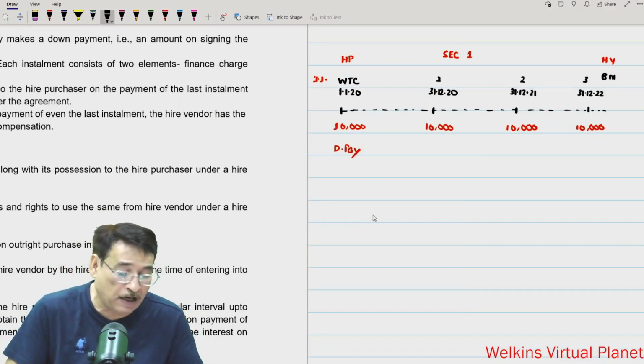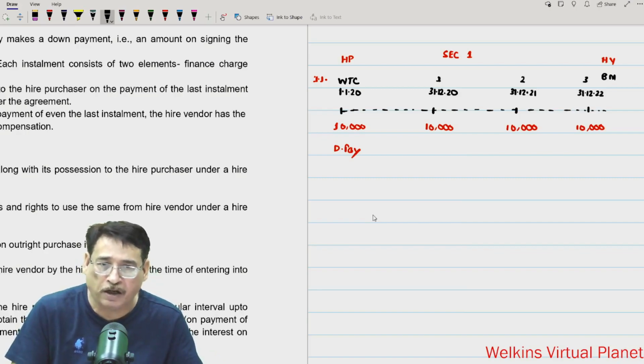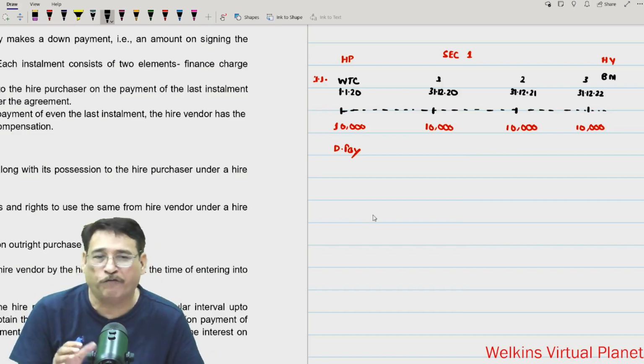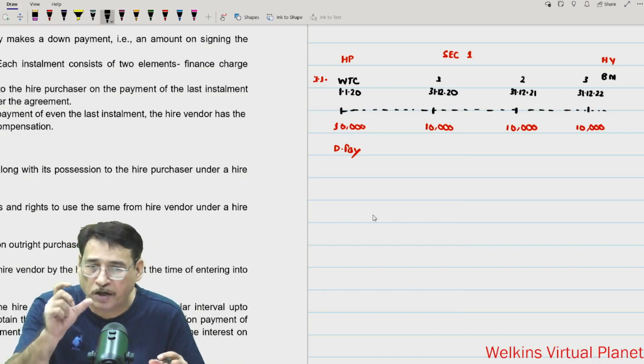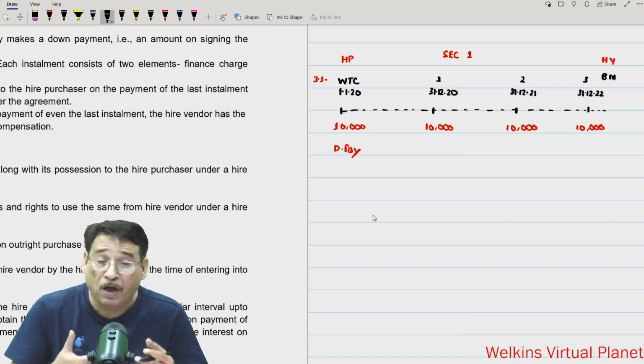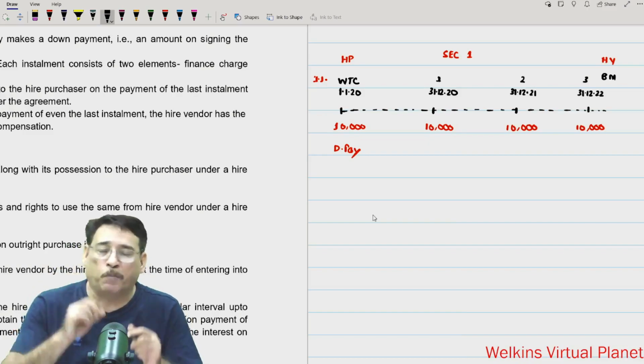Now we will analyze this entire question in a threadbare analysis to make you understand the terminologies, what is hire purchase price, what is cash price, and what we are supposed to do in this particular chapter.